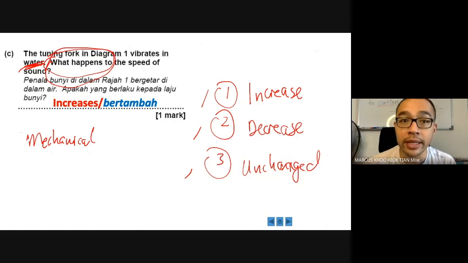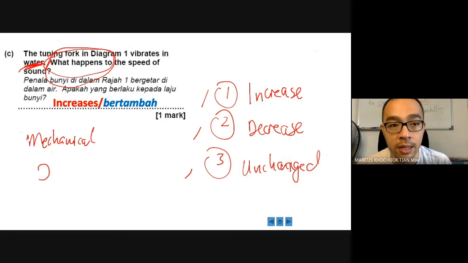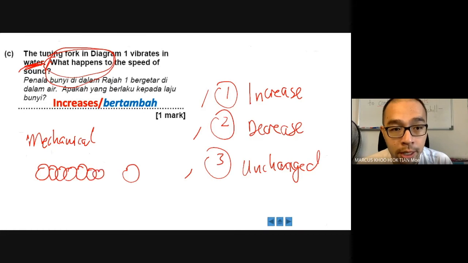The thing that is transferring the wave energy is the molecules. Now, in a solid, the molecules are arranged this way, very near to one another. So if I shake this molecule, every other molecule is going to shake very fast at the same time.